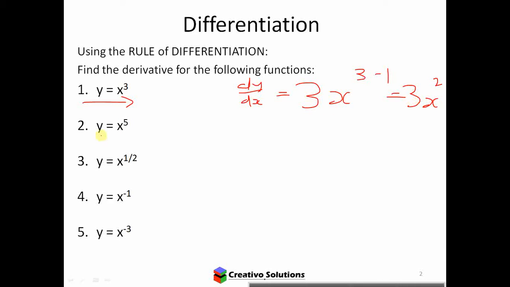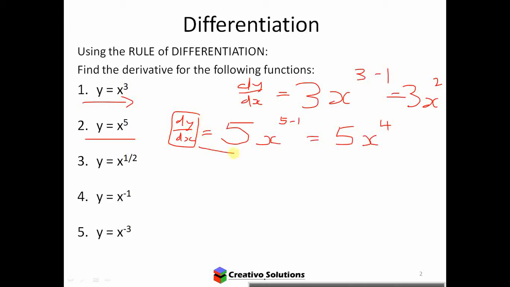Yeah. Okay. So number 2, what would dy over dx be? The derivative would be 5x, 5 minus 1, equals 5x to the 4. So you can go from there to there. Okay, you don't have to show this working in between. So you just reduce it by 1.